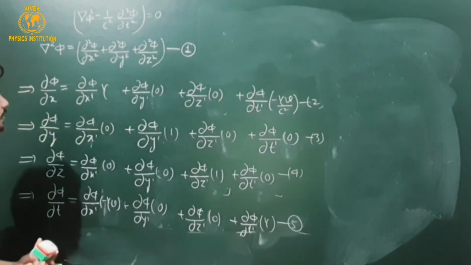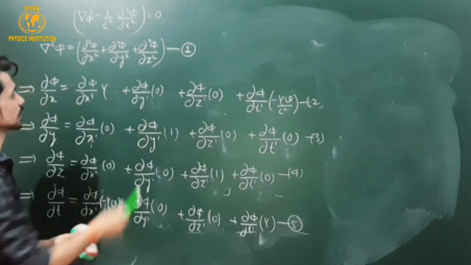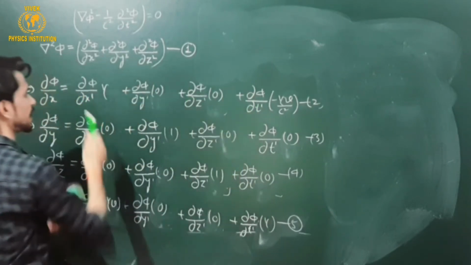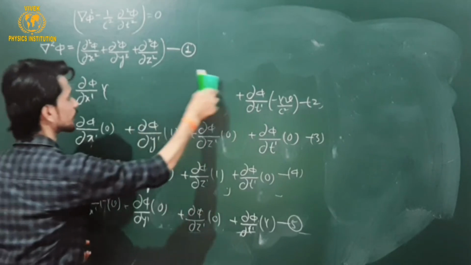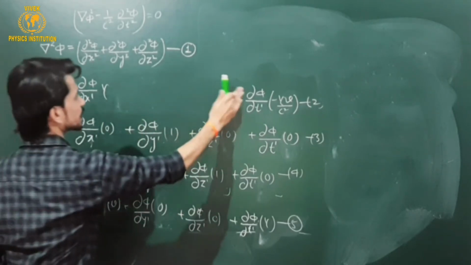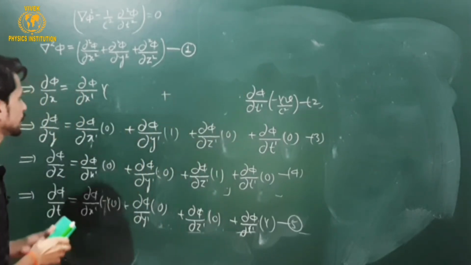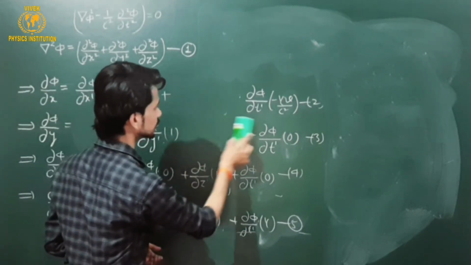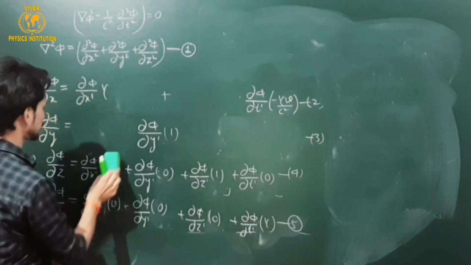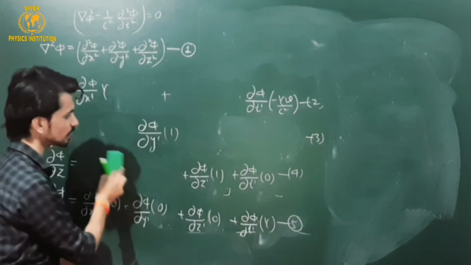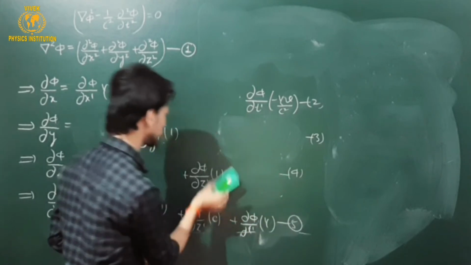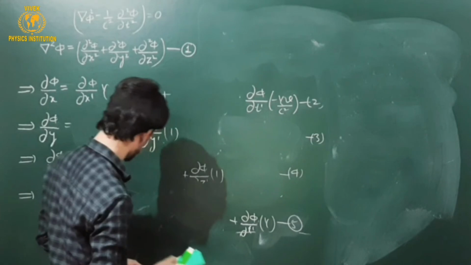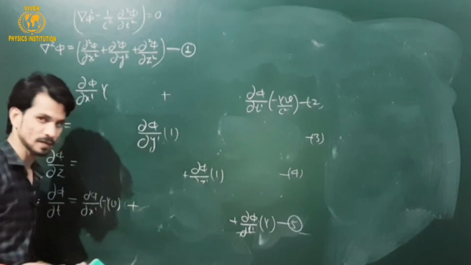Now let us again solve these factors. This is 0, this will vanish out, this will survive. The rest will vanish out, and of course these will survive.